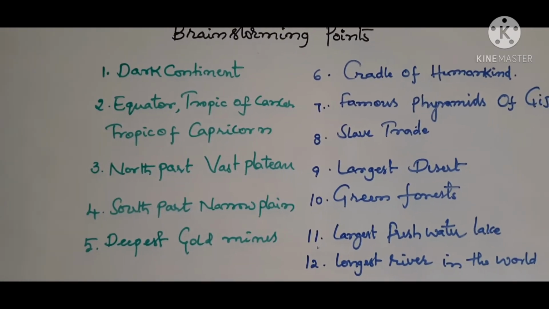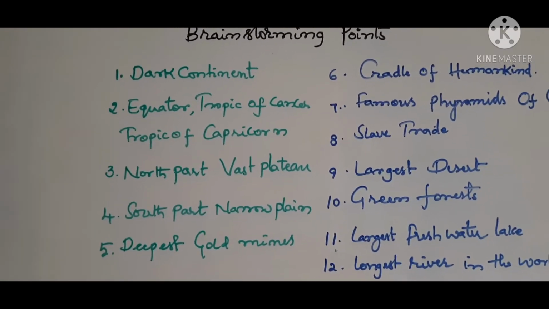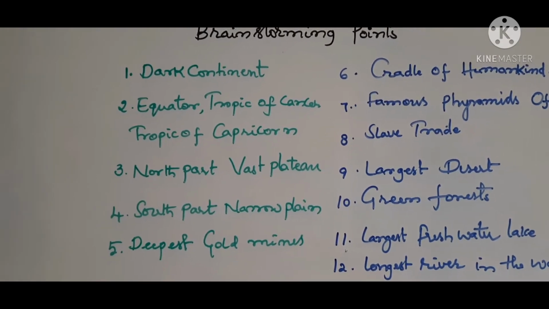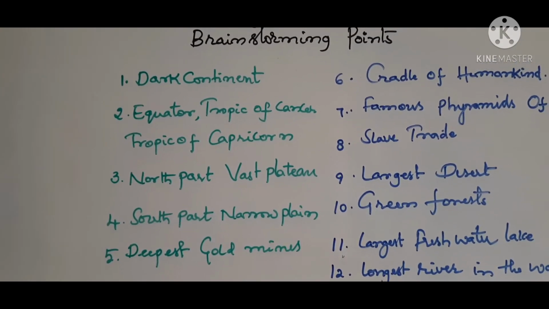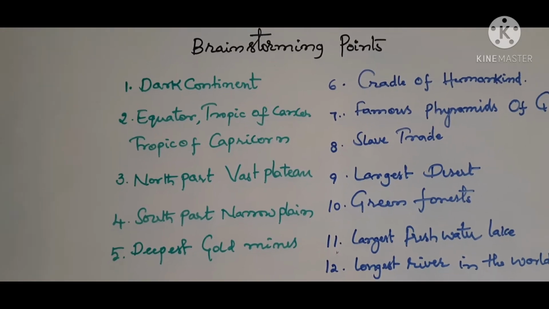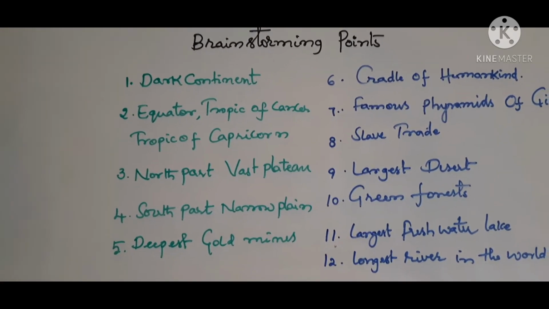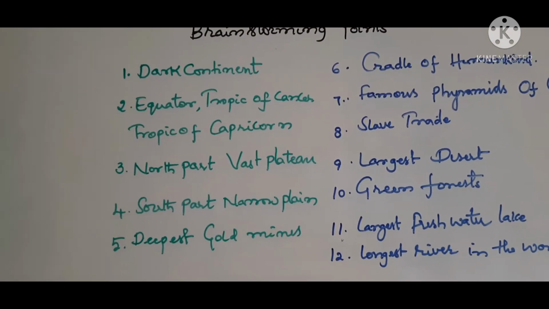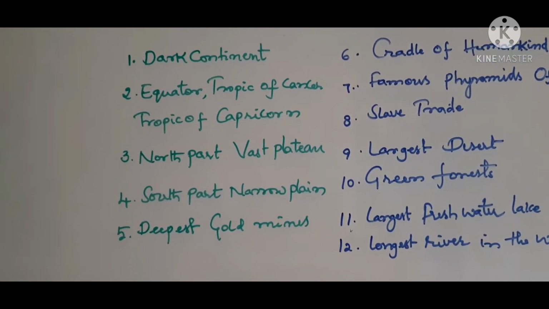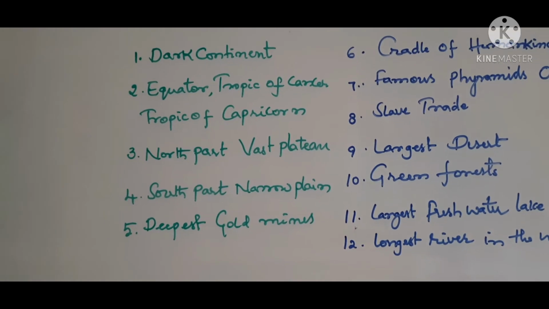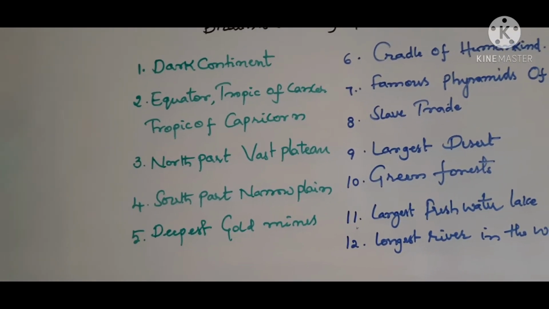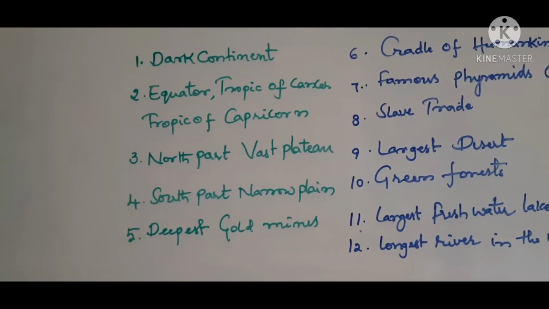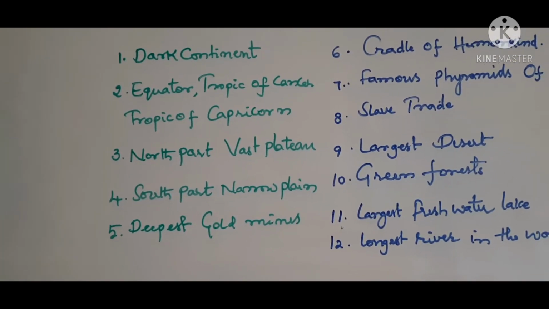The second point: equator, Tropic of Cancer, Tropic of Capricorn. These three imaginary lines pass through this continent, an amazing geographical phenomenon. The equator passes through the center of Africa, leaving the north part as a vast plateau and the south part as a narrow plain.